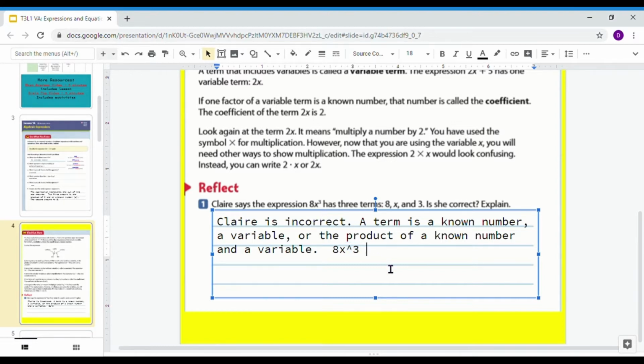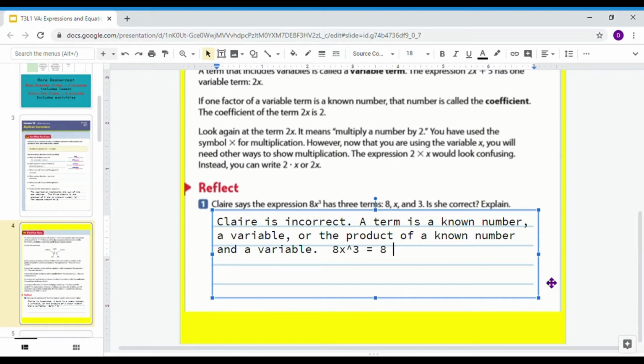So whenever we see 8x to the third power, we know that we're multiplying x to the third power. We're multiplying x 3 times. So I could rewrite this problem 8x to the third power as 8 times, see, I don't really want to use my times because I don't want to confuse you guys.